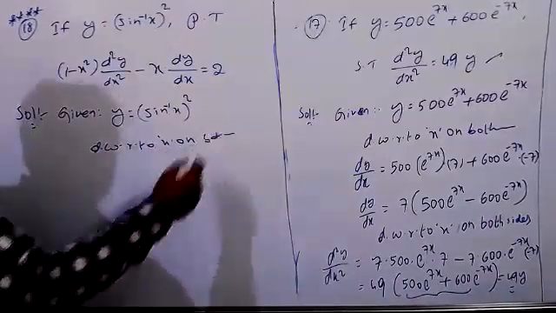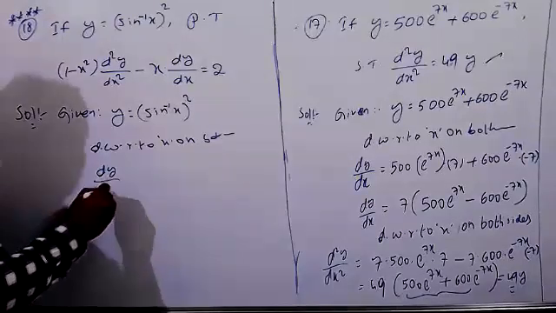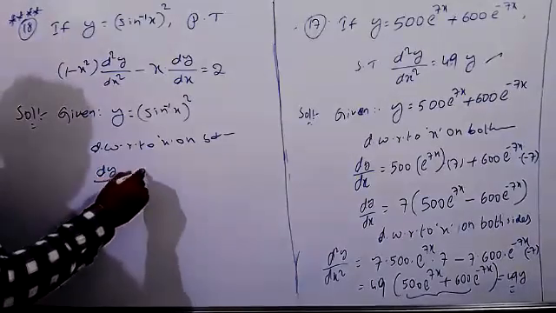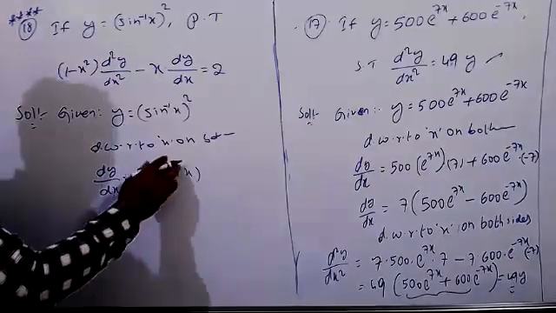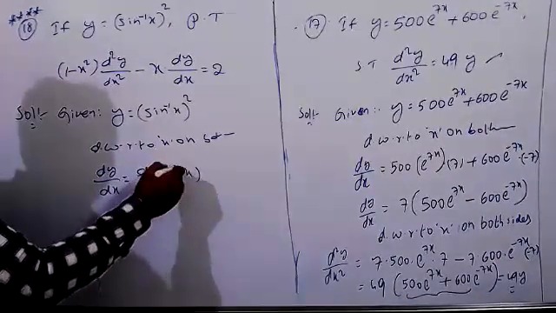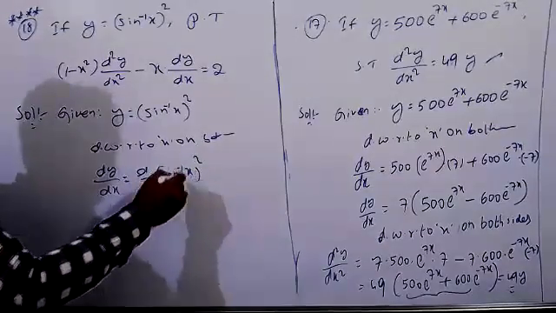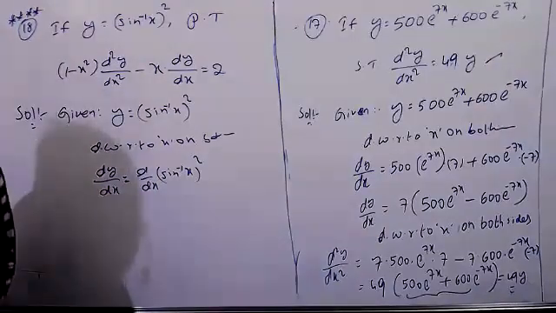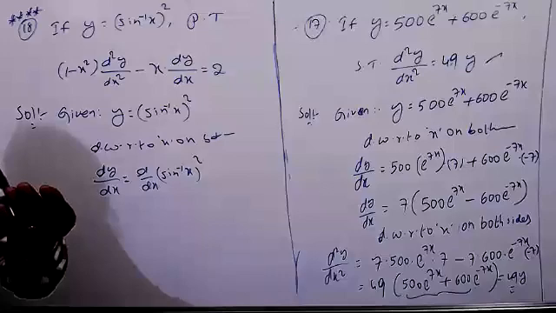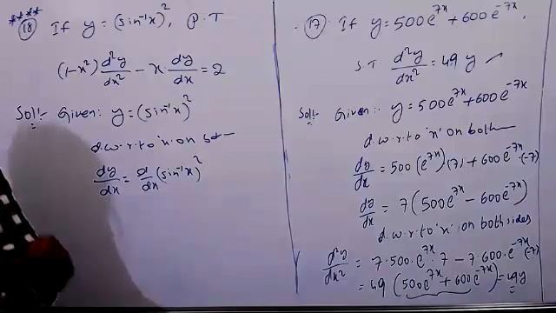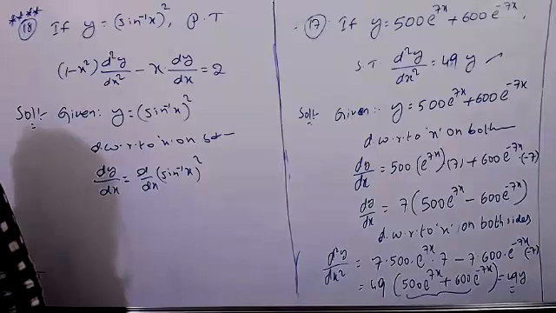So dy by dx equals, anyone tell me now, differentiation of (sin inverse of x) whole square equals how much? Either (sin inverse x) whole square or (sin inverse) whole square of x, both are the same thing, no problem.